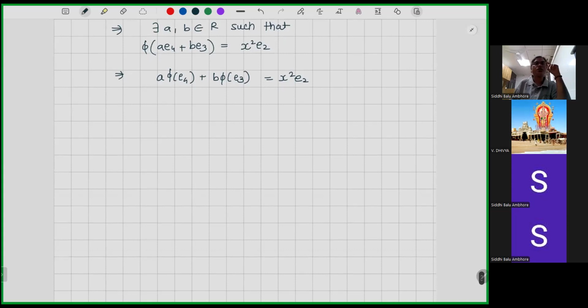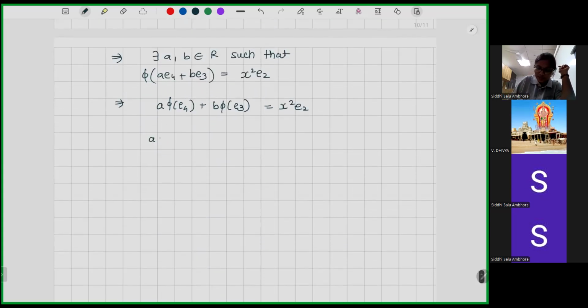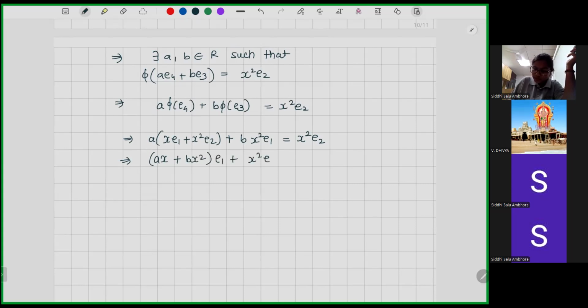And what is the image of E4? It is x E1 plus x square E2, and the other one was just x square E1. So it is A into x E1 plus x square E2 plus B x square E1, which is equal to x square E2. If I take all the coefficients of E1 and E2 together, it becomes Ax plus Bx square E1 plus x square E2, which is equal to x square E2.